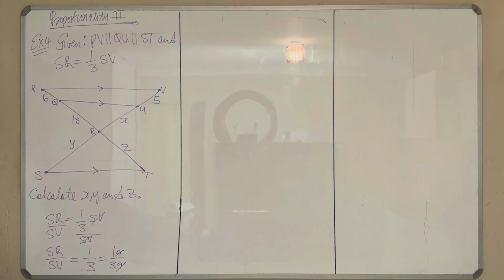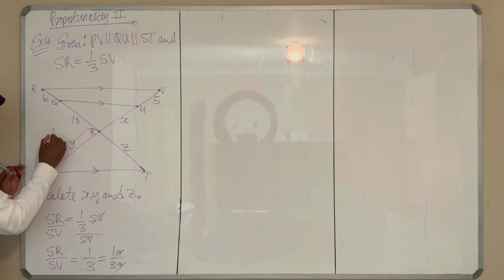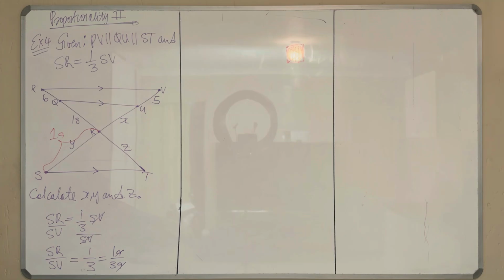Now we can say SR is equal to 1A. SR is this length over here, from here, maybe 1A. And SV is 3A.